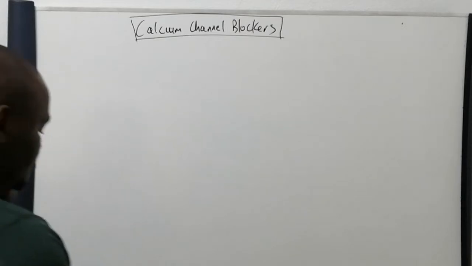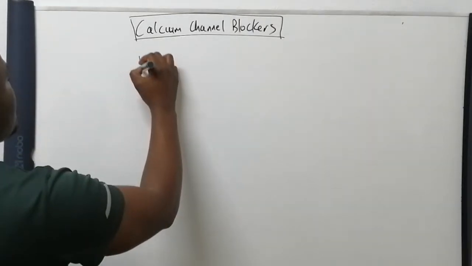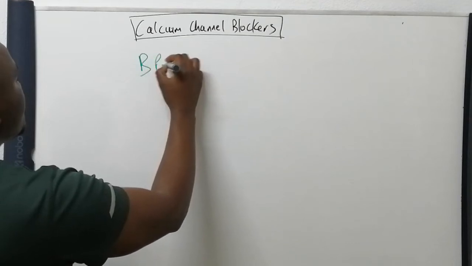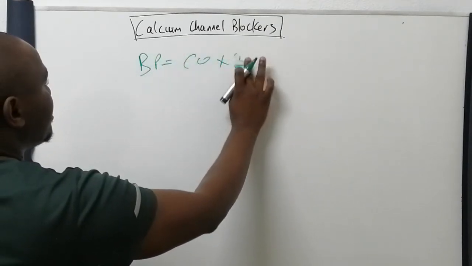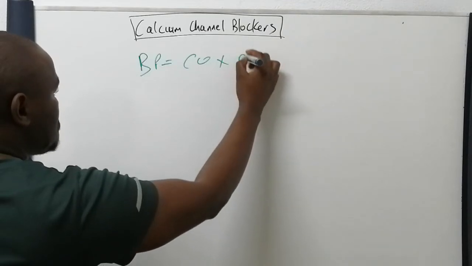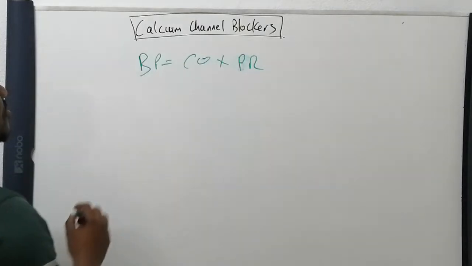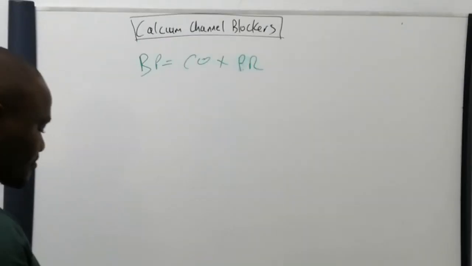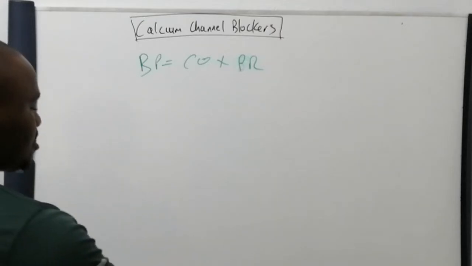But quickly, I'm just going to repeat this. So what we said is that BP is equal to cardiac output multiplied by the peripheral resistance. And we said that we're going to be looking at different classes of drugs that can be used to treat hypertension.